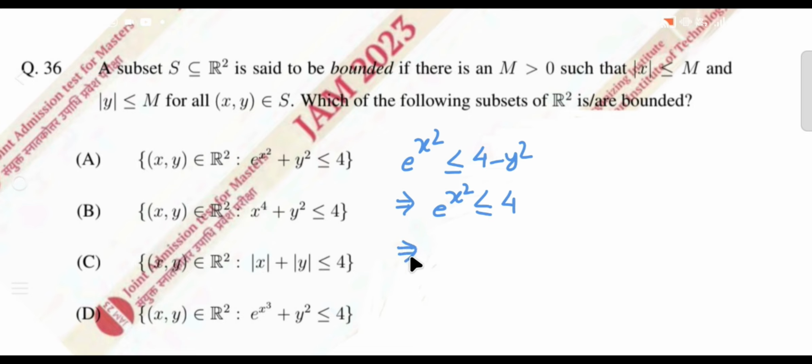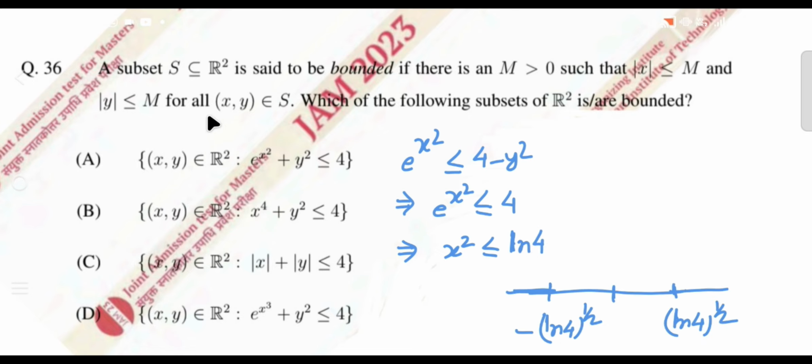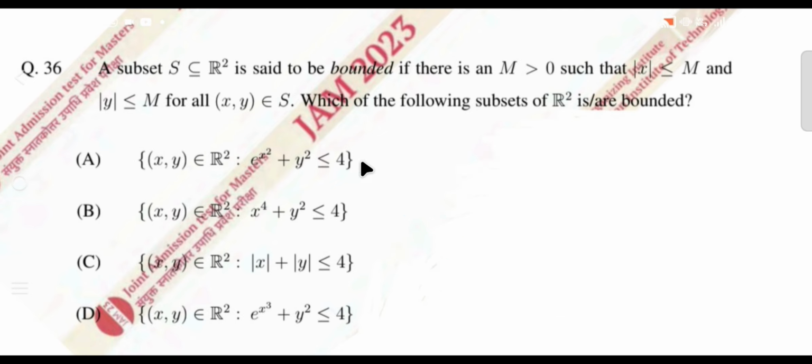And from here, if you impose natural logarithm, then this will be x square less than or equal to ln 4, and you know ln 4 is a positive number. So the solution will be this line segment.